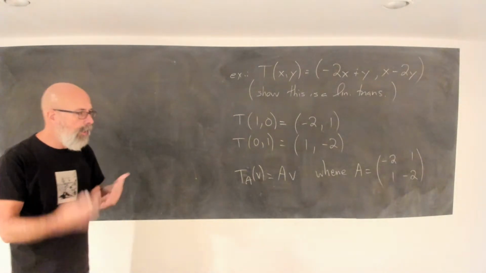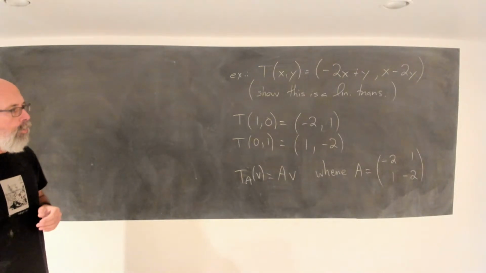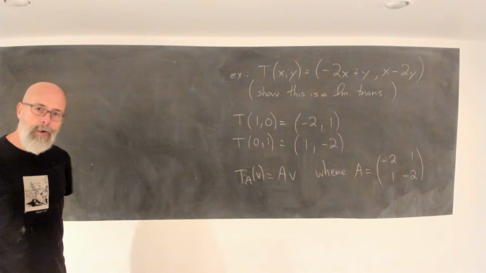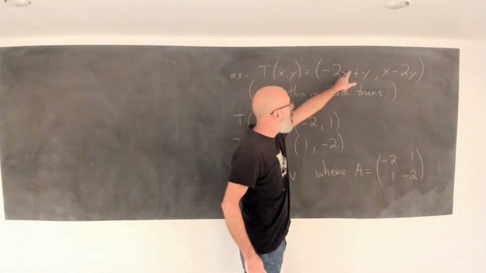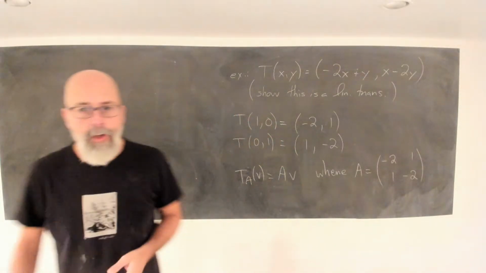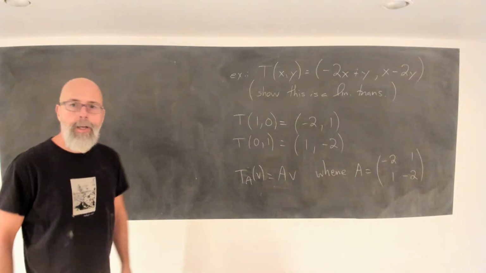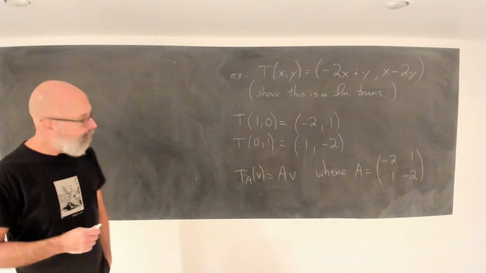Those are the conditions for being linear. So in general, if you write down an arbitrary map, as soon as you introduce squares, cubes, exponentials, products like x times y, you're in trouble. They're not going to be linear transformations.